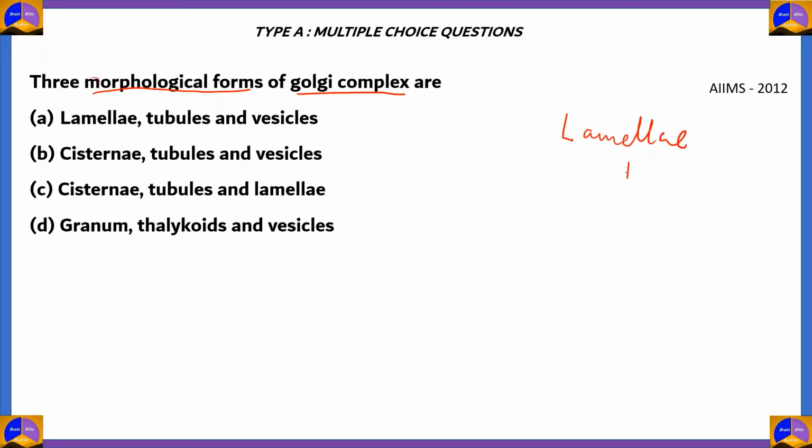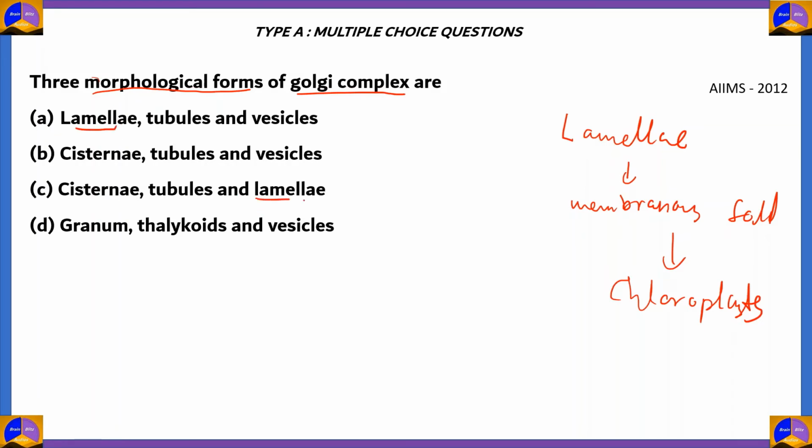Lamellae is the membranous fold found in chloroplasts. So these are not found in Golgi complexes. They're found in chloroplasts. So the options containing lamellae, such as option A and option C, are incorrect.